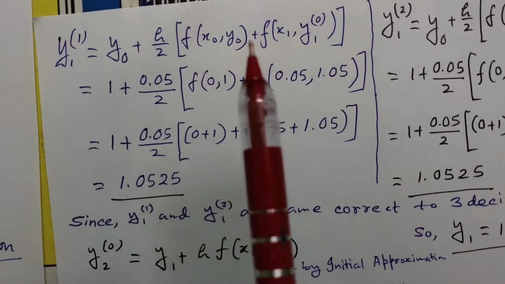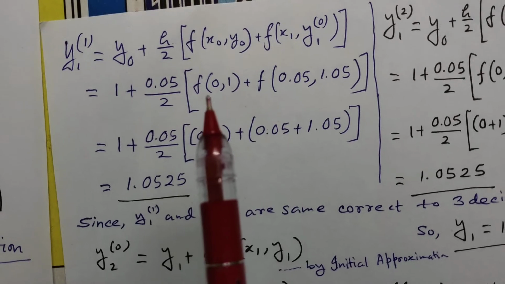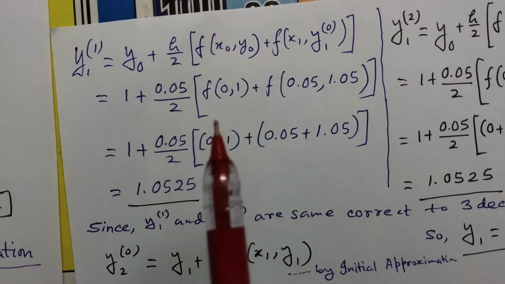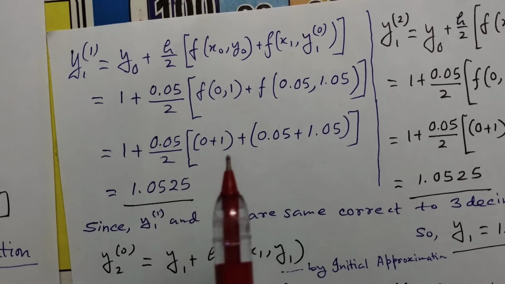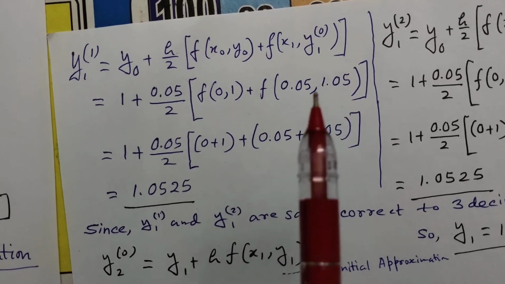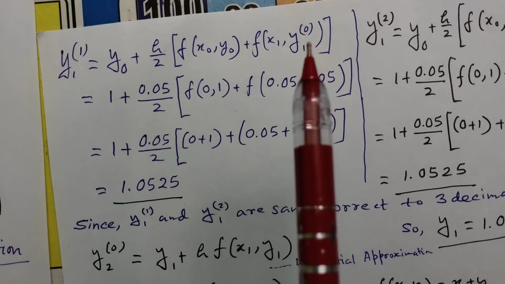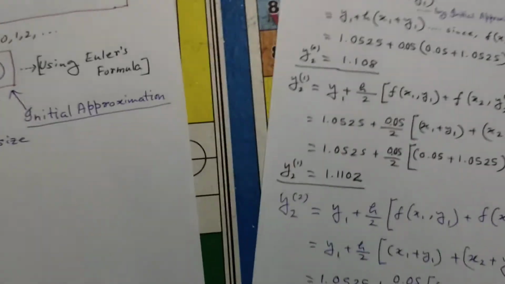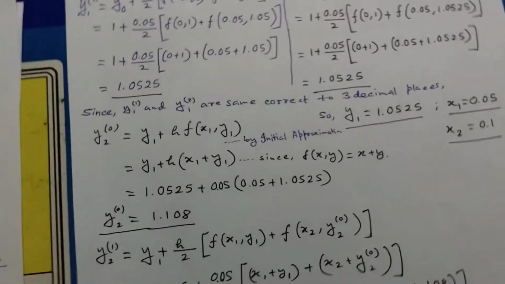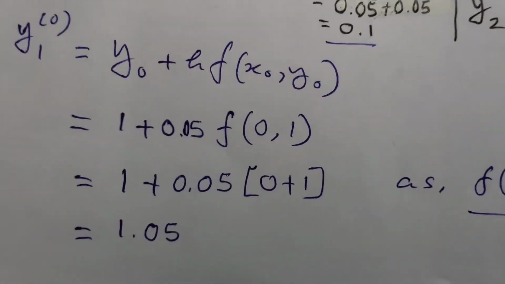This is x0, f(x0, y0), according to the formula given in the question. This one is 0 plus 1, and we are getting 1.05 for the value of y10. We have just calculated this before, right? Got it?